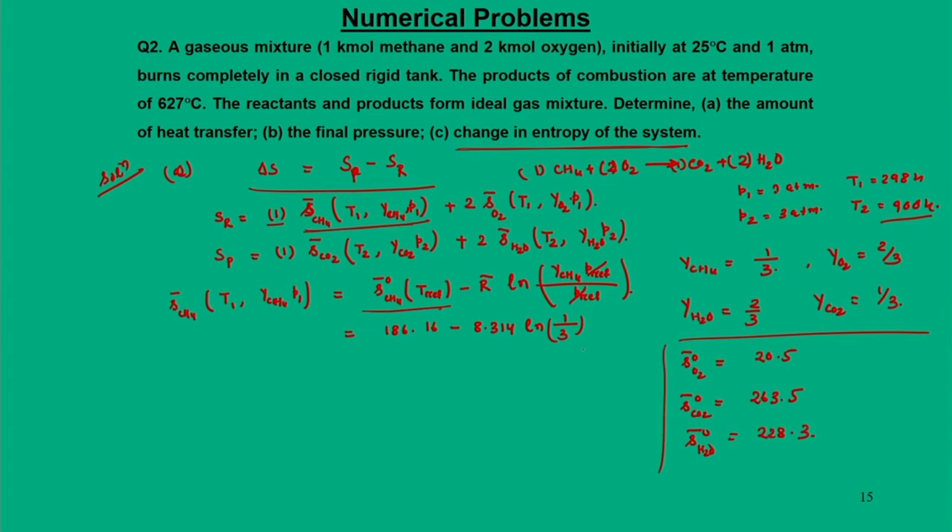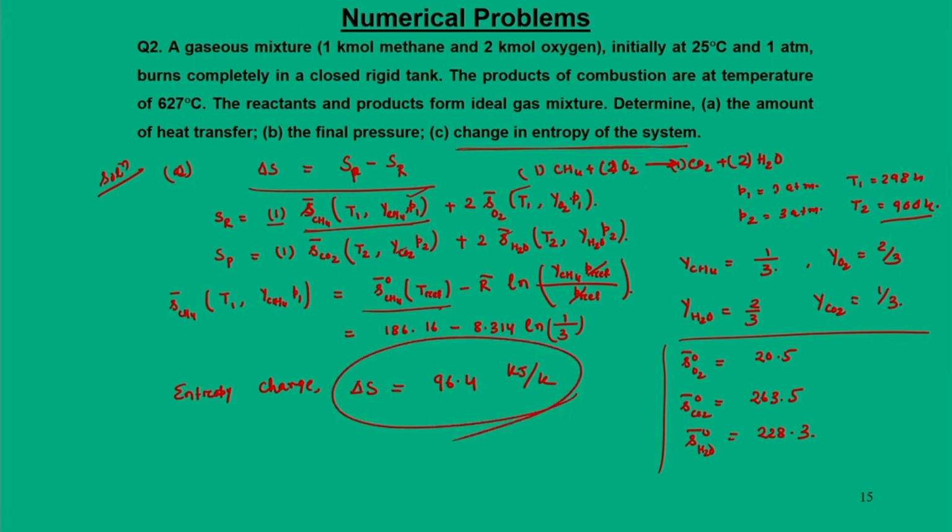By putting in these numbers and calculating each term, we can find this entropy change, delta S, as 96.4 kilojoule per Kelvin.